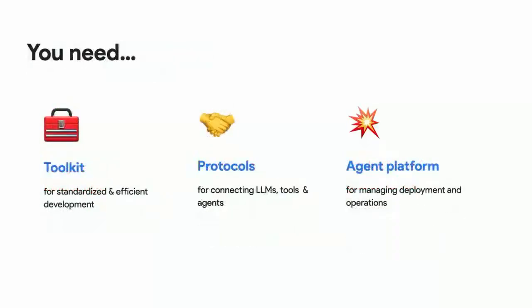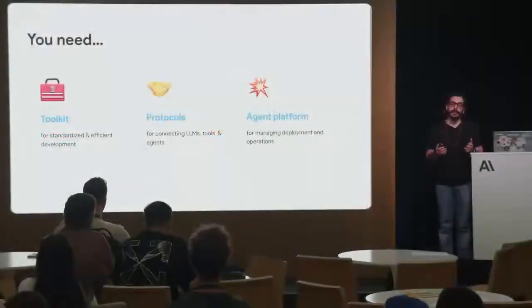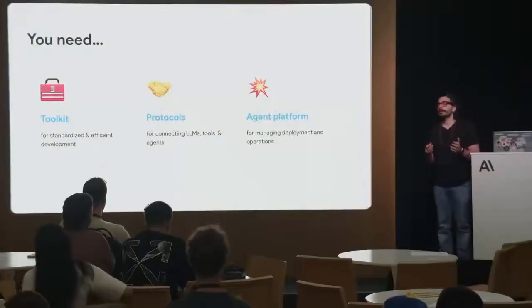That's when you want to get access to a toolkit, protocols, and an agent platform that allow you to standardize the way you build your agents and scale them to production. To give you these tools, we put together this agentic stack using ADK, MCP, Agent Engine, and A2A. That will allow you to confidently build agentic systems and scale them in production as required.